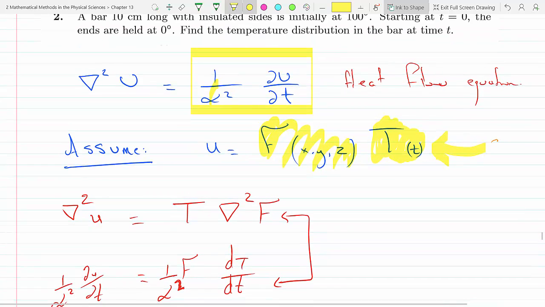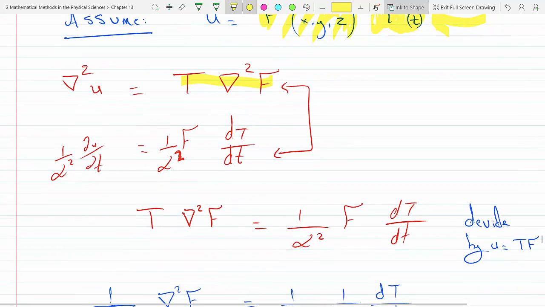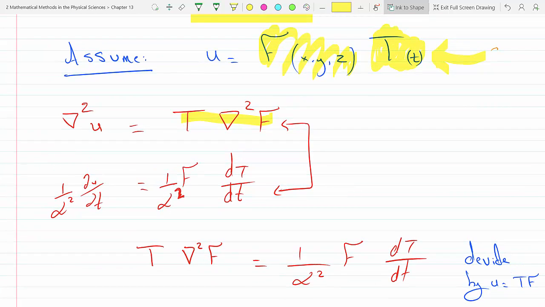We already determined the left-hand side, so plug back into the original equation. You get T del squared F equals 1 over alpha squared F dT over dt.